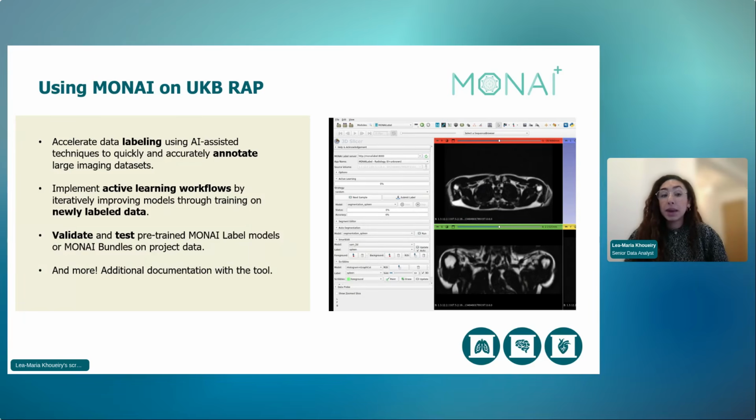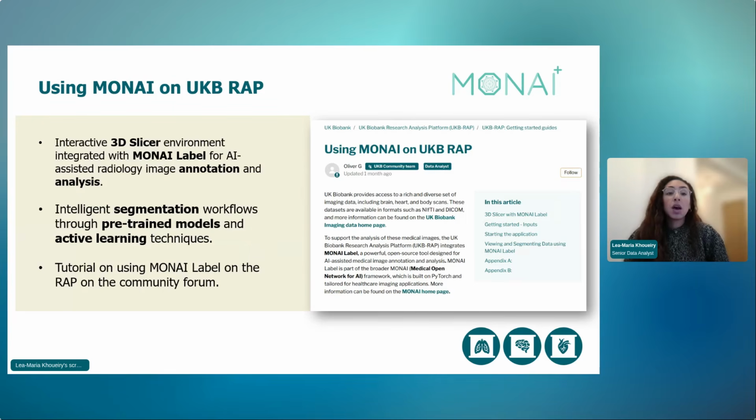You can also implement an active learning workflow by improving models through training on newly labeled data, as well as validating and testing pre-trained MONAI labels or MONAI bundles on the project data. There's definitely more that you can do with MONAI, and additional documentation also comes with the tool. To apply MONAI on UKB-RAP, it's integrated with 3D Slicer.